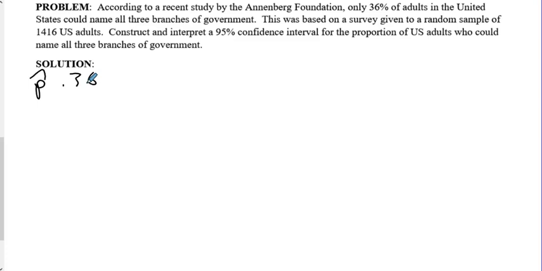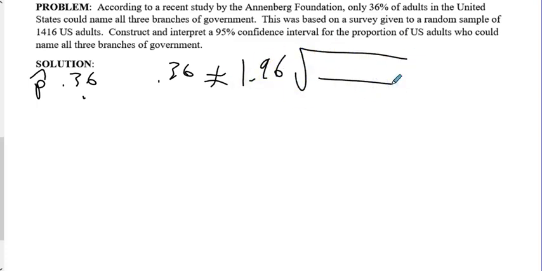So my formula is 0.36 plus or minus. Now it wants a 95% confidence interval. 95% is 1.96. And then we do this big square root, fraction bar. P-hat was 0.36. My change is 0.64. And I put on the bottom 1416.